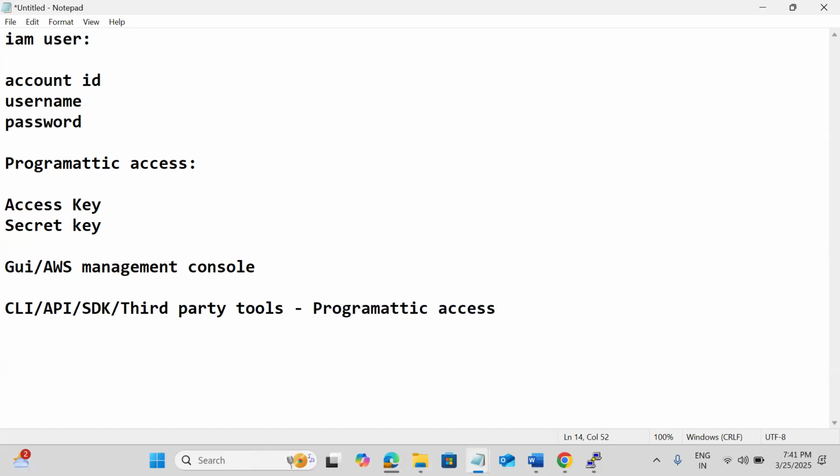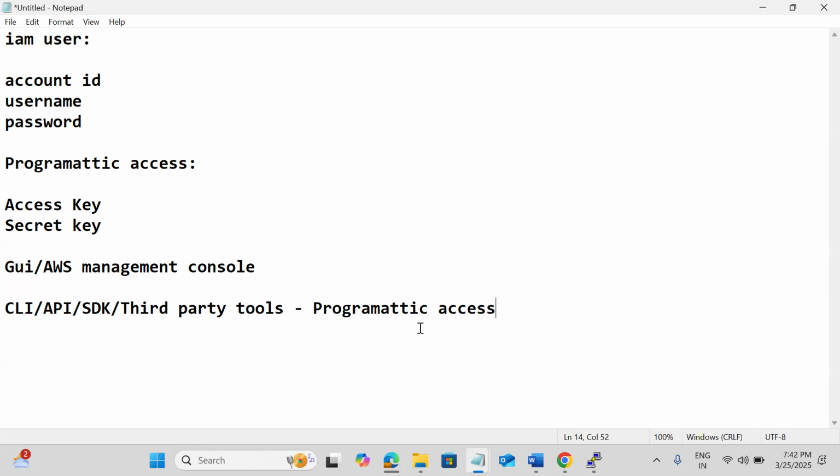Okay, so for your users, who is going to provide the programmatic access? IAM itself is going to provide it. We don't have a username and password there; we get an access key and secret key. Using those access key and secret key, we can authenticate programmatically. But if you want to access through the GUI, we require the account ID.